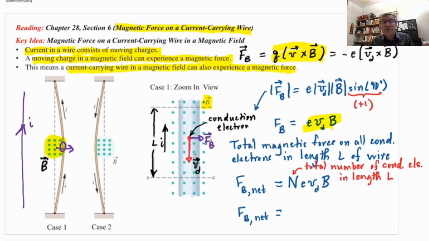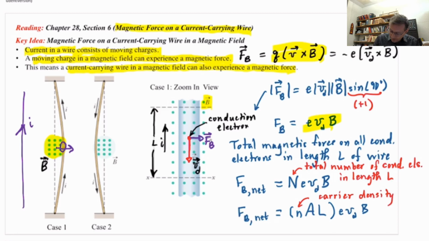So really to get the big N, the total number of conduction electrons in that length L, I'll take the carrier density for this conducting material, little n, times the volume of the wire in length L. Okay? All right, so that'll be little n, the carrier density, and then the volume of wire of length L is, I'll call the cross-sectional area of the wire A, and then the length is L. So little n is the carrier density.